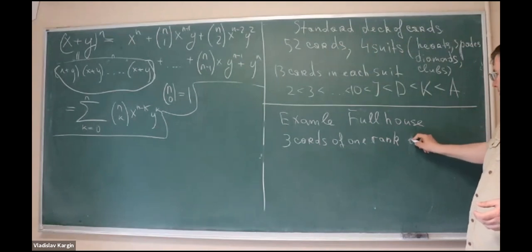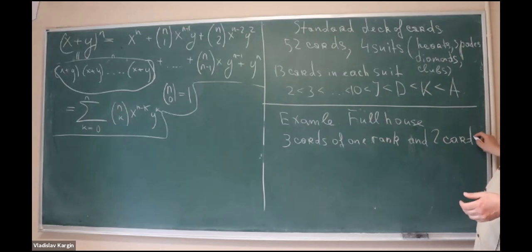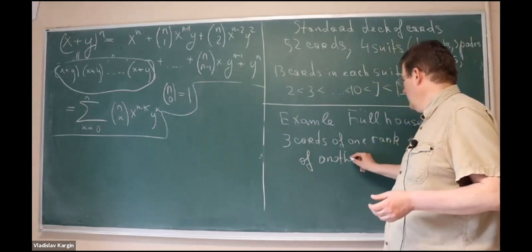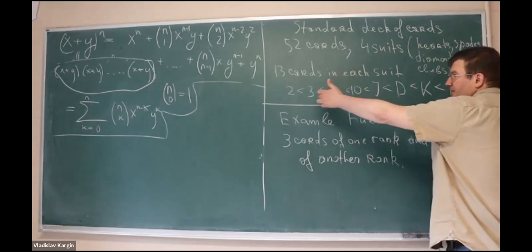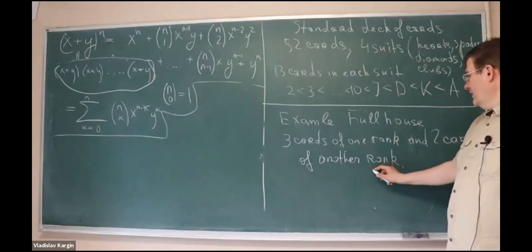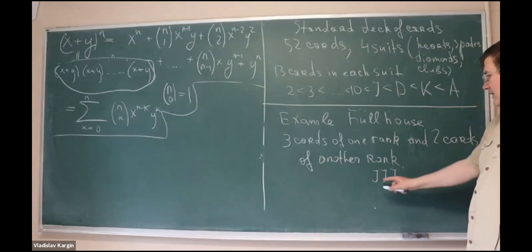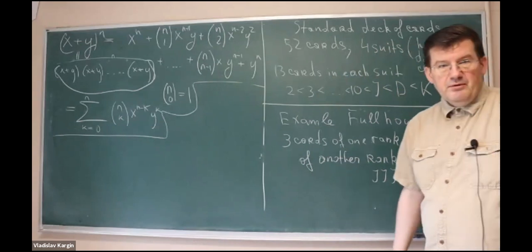So what would be an example? If you have 3 jacks, and as far as I understand, say 10 and 10, then this is a full house, right?